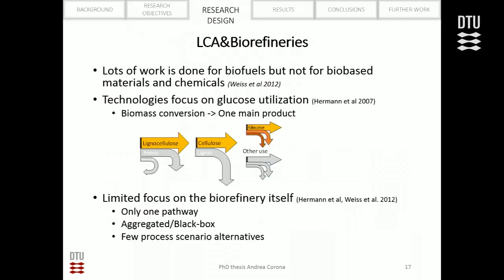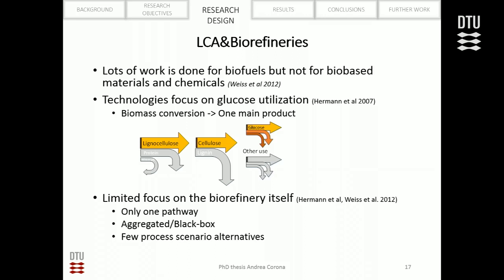If we look at the studies published on LCA and biorefinery or bio-based material production, we can identify that a lot of work has been done for biofuels, but not much for bio-based products. Most of the technology, as I said before, focuses on glucose utilization. So they take lignocellulose, different types of feedstock, different types of process, but most of them focus on producing this glucose, and from the glucose through different other processes, they produce the bio-based material.